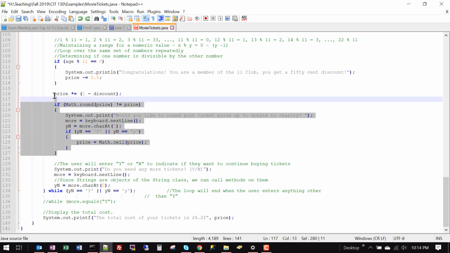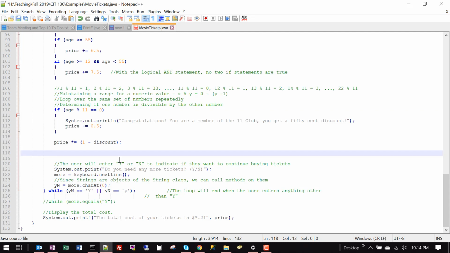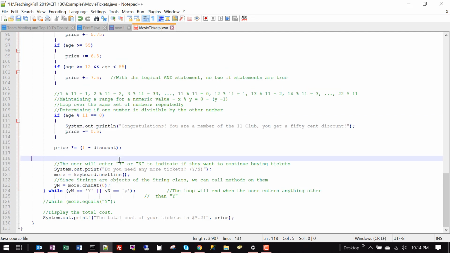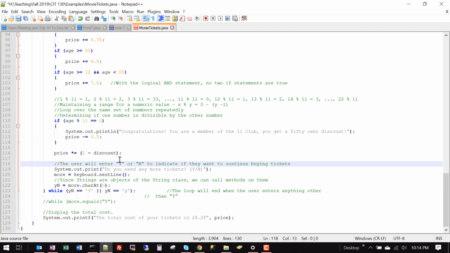I actually made an error. So I want to move that part to outside the loop.